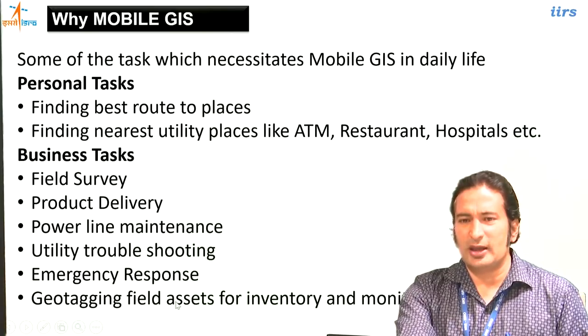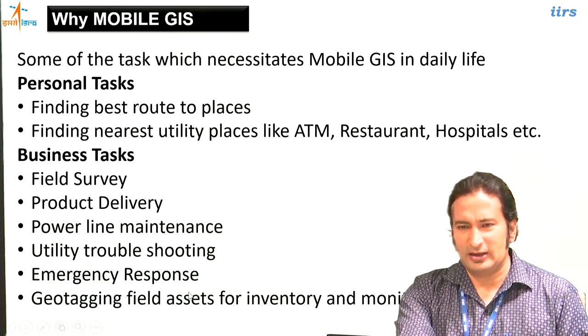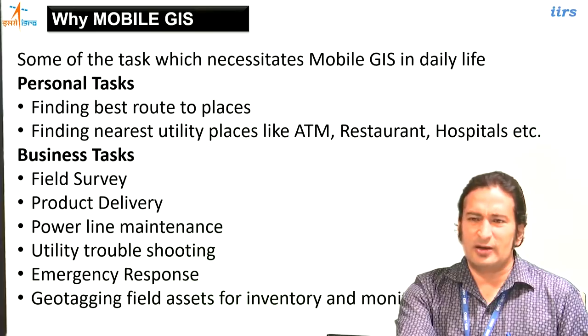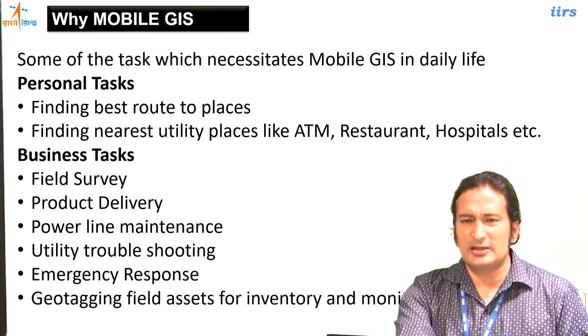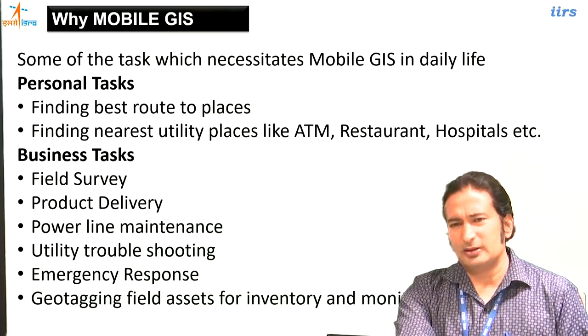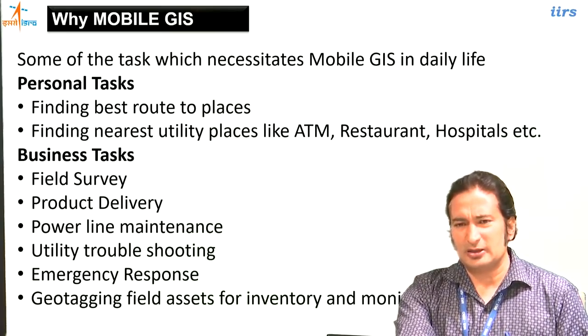The last one is geotagging of field assets for inventory and monitoring. I can geotag all the assets of a particular organization in the field and they can be monitored as well. For example, take the horticulture department. They have different kinds of assets in the field, like sprinklers and drip irrigation instruments.